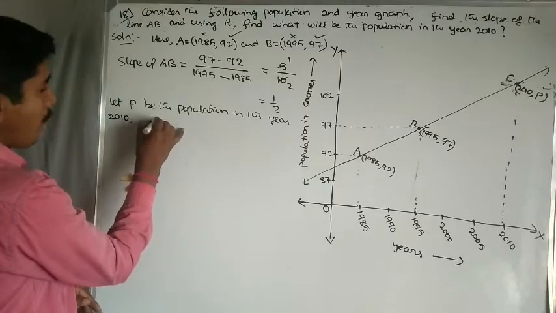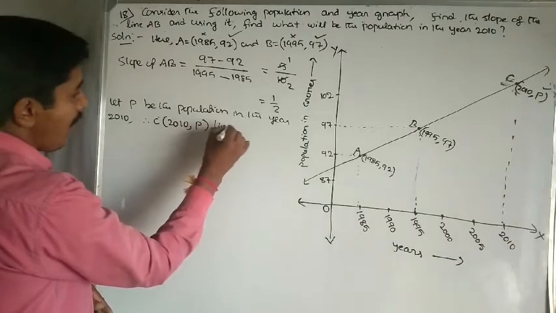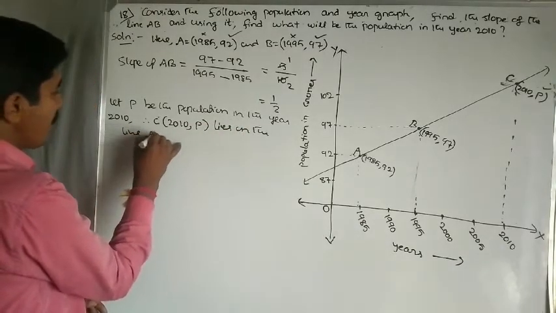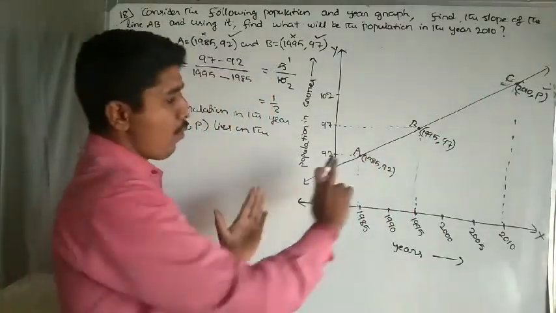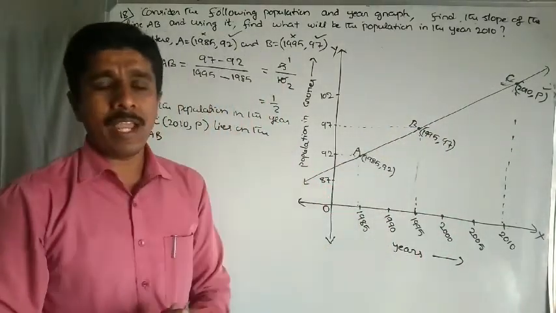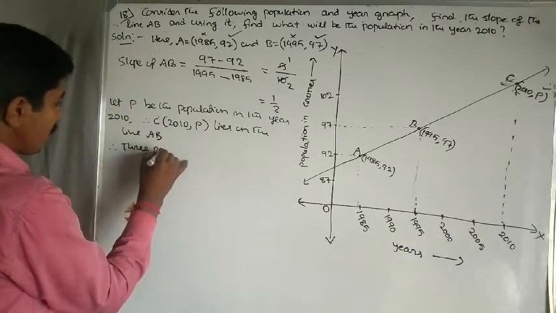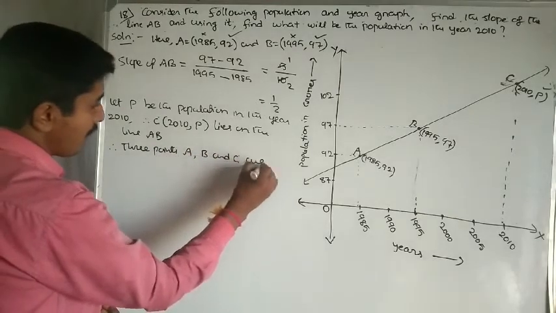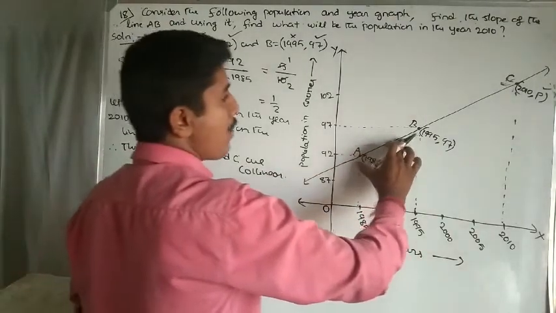Therefore, the point C (2010, P) lies on the line AB, the same line. Therefore, the 3 points A, B and C are collinear because they lie on the same line. Collinear means clearly slope of AB equals slope of BC.